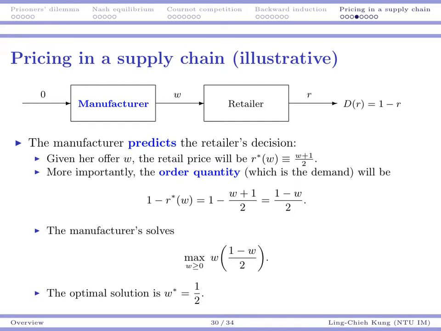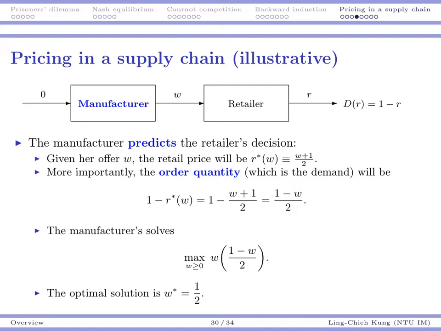This is not because the customers can see W directly, right? The consumers just don't care about the wholesale price. It's that this is an indirect effect. When I increase my wholesale price, the retailer is going to also increase his retail price. That's why the demand becomes smaller.